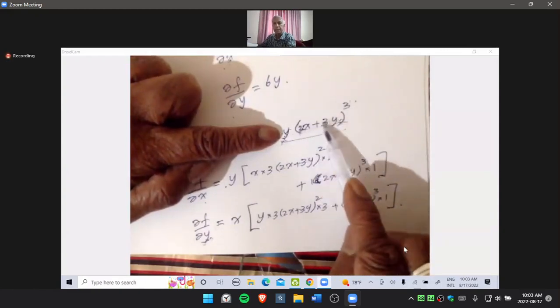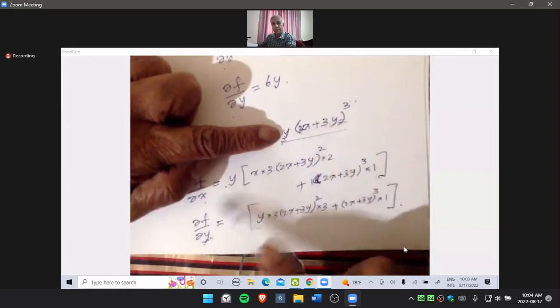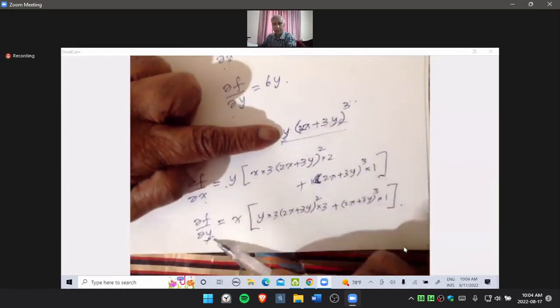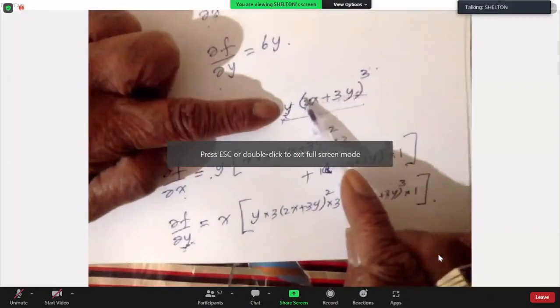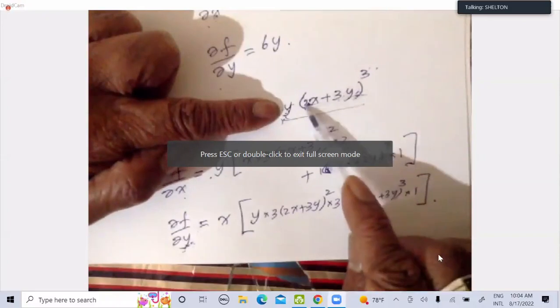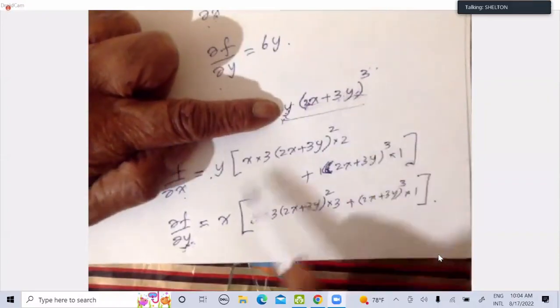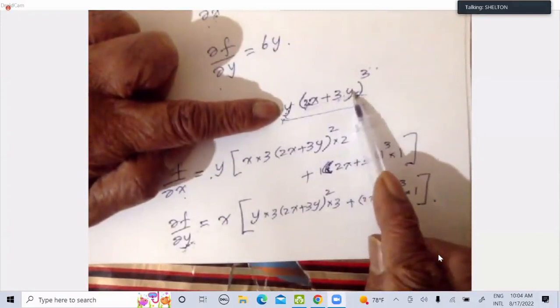It's like 2x plus something. For y, 2x is a constant. It's like 5 plus 3y. I want the derivative of that with respect to y. Y is the variable, so I get the derivative of y with respect to y.